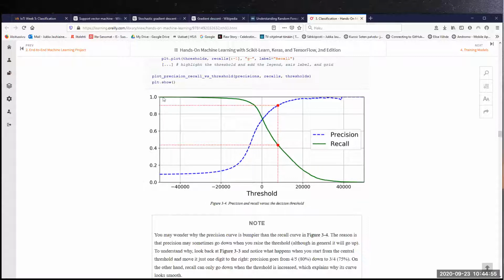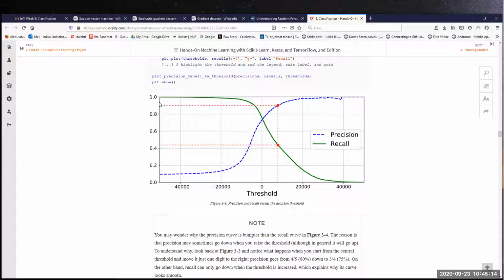So usually we want high precision, that we find as many true positives as possible.